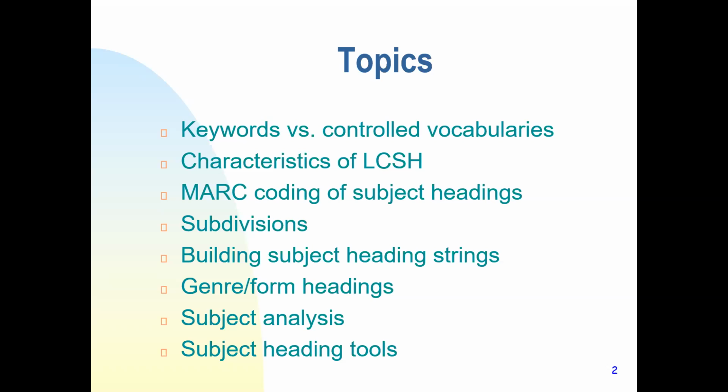And we'll be looking at these from the standpoint of creating original records, but also when looking at existing records in Connection or in Polaris and evaluating the headings in the record. And like I mentioned in the last part of the class, we'll be doing some searching in the authority file and trying to add subject headings to the practice sheet.